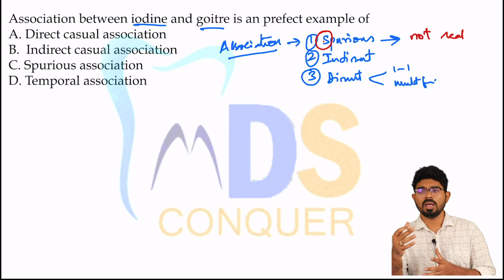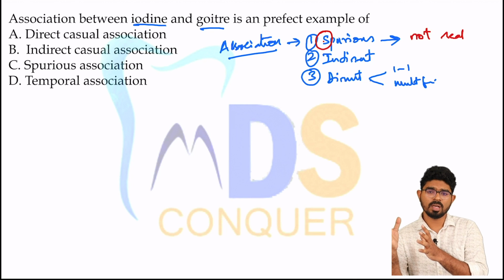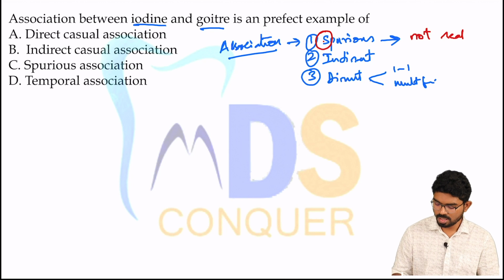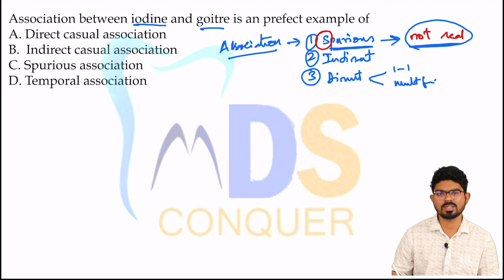Logically speaking, the death rate will be more when you give birth at home, but they have a norm, some suspicion which is not true. So that is called suspicious association, which is not real.